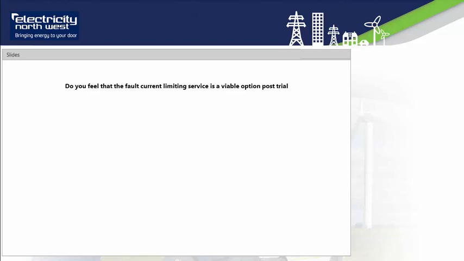So once the customers have confidence that the technologies have been proven, we feel that this type of agreement would allow our new generation customers to connect onto networks that are approaching fault level much more quickly and particularly much cheaper than by traditional reinforcement.